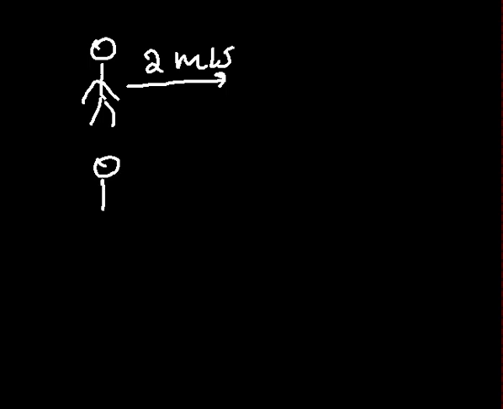Imagine you are moving towards this direction at a speed of, let's say, 2 meters per second. There is someone else moving in the same direction at a speed of, let's say, 5 meters per second.